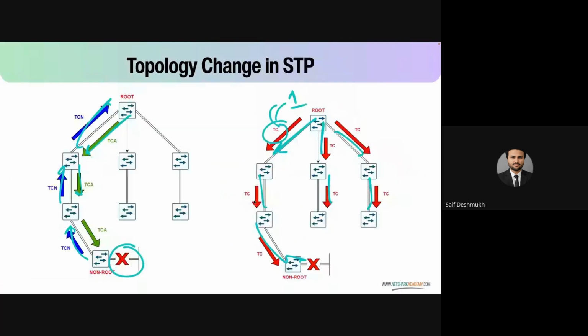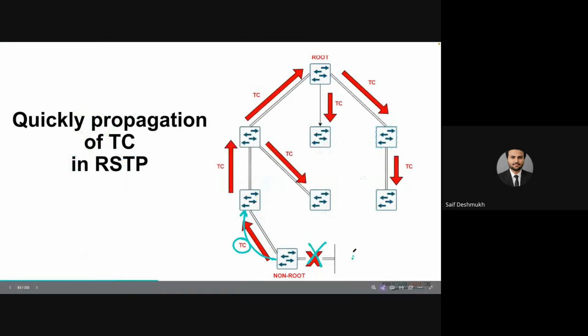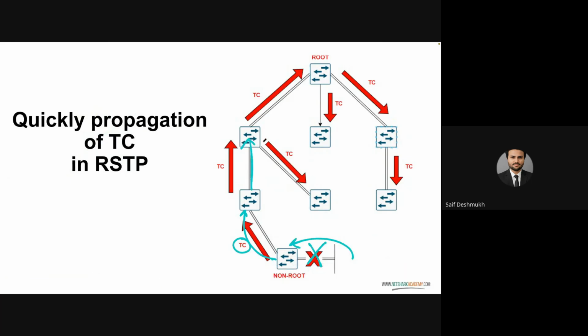Directly I'm sending. This guy, except the interface that received it, everywhere it's going to flush out the MAC addresses learned, and is going to send out the BPDU with the topology change flag set to 1. Everyone does that. It's quickly propagated to the whole network.